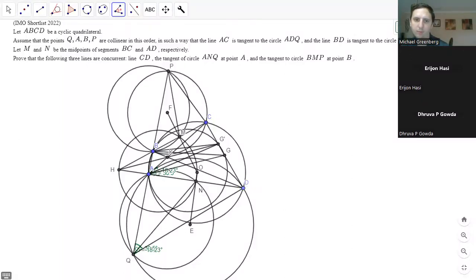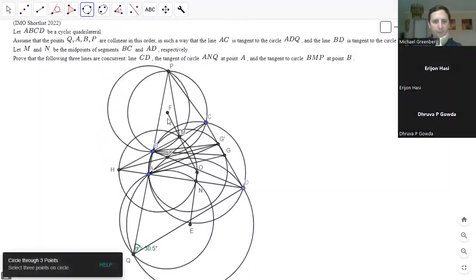So yeah, they would both split it in the same ratio, basically. There's like one more step we're missing.